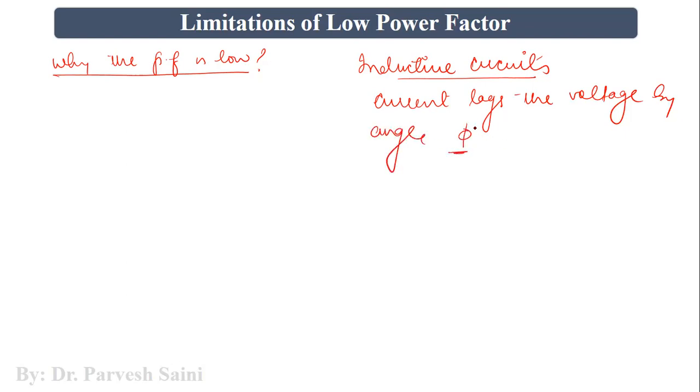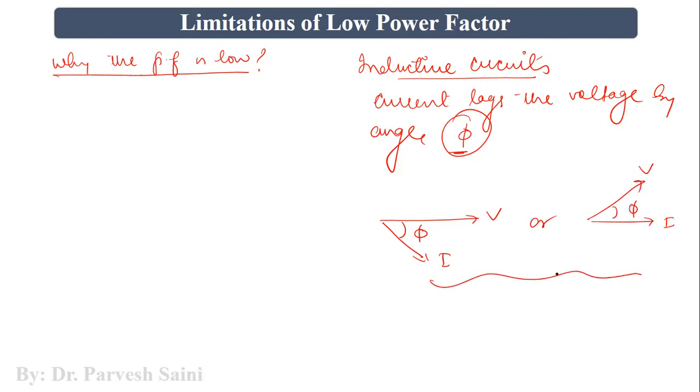That means phi is the phase difference between the voltage and current, or we can draw it like this: I, V, and phi. You can see the current is lagging the voltage by some angle phi.